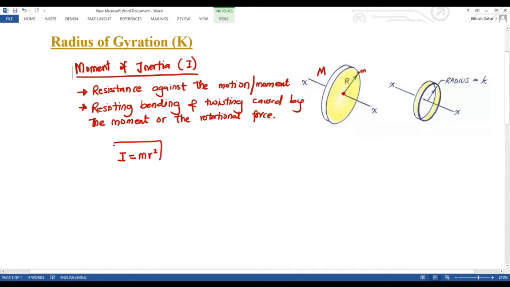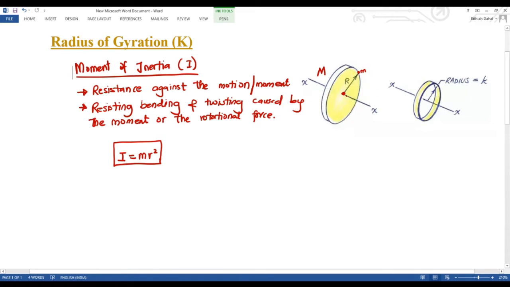By this equation, it means that when my disc is rotating about this axis and I'm taking a certain point mass, I have a distance r from the axis of rotation to this point mass, where r is the radius of this circular disc.